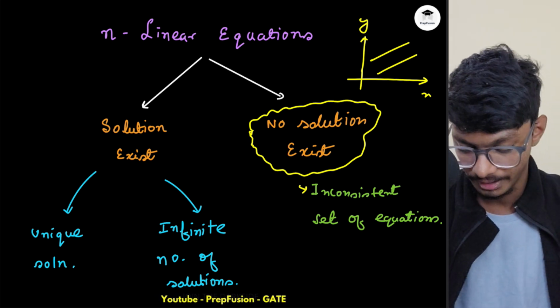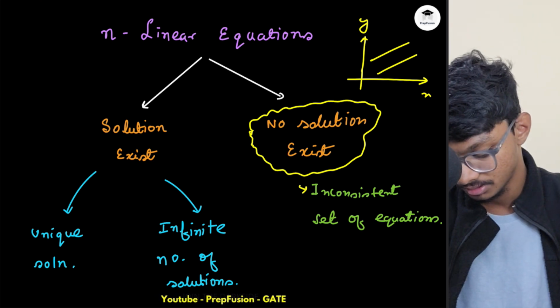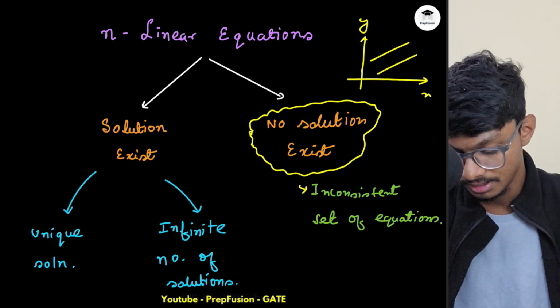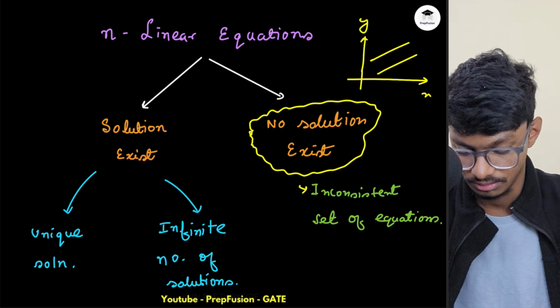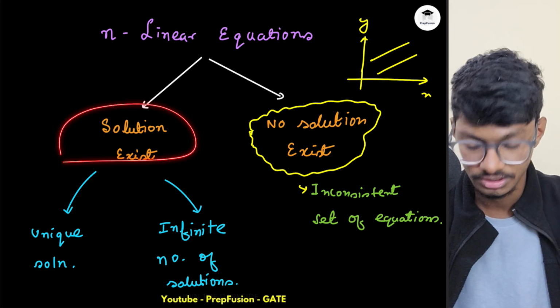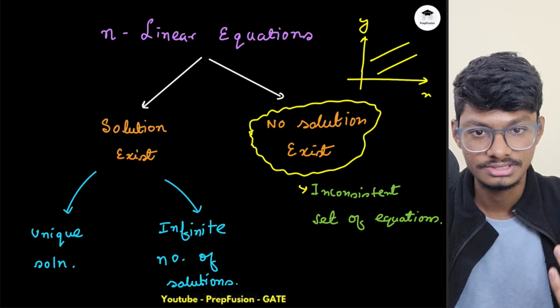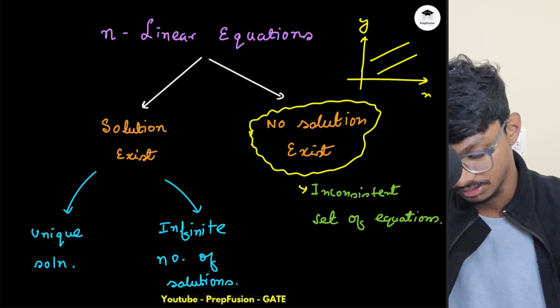Now coming back to the unique solution, obviously there will be only a single solution. Let me first tell what these sets of equations are called. If a solution exists, then the set of equations is called a consistent set of equations.